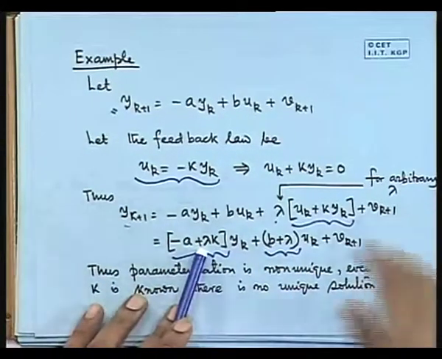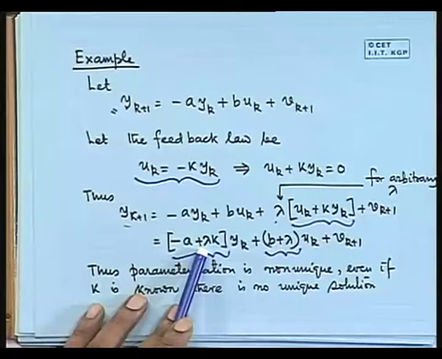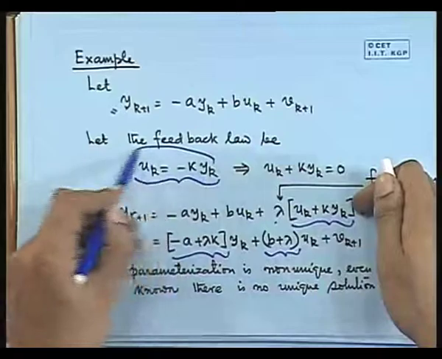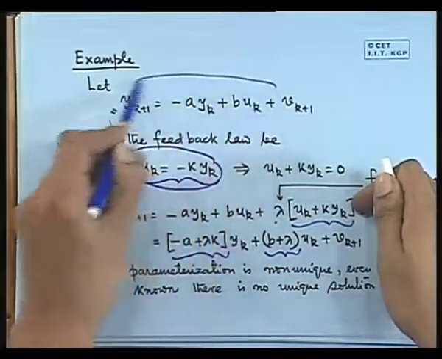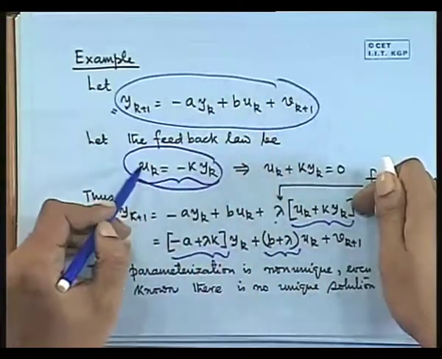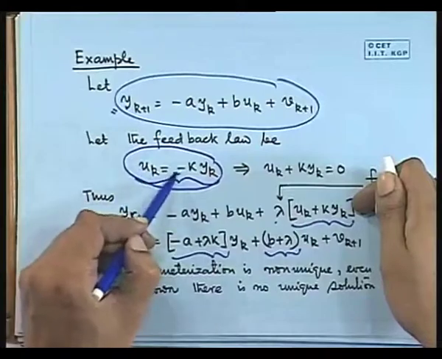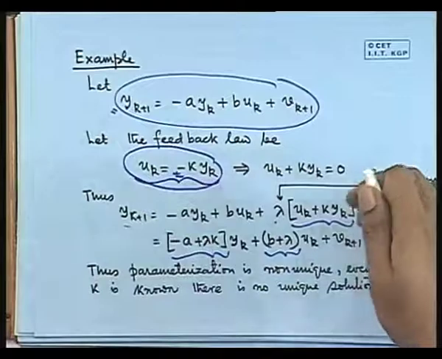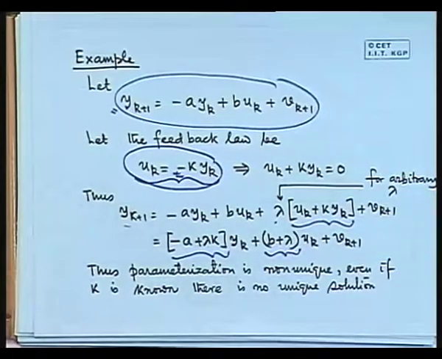Now why does it happen? Because this law is actually simpler than this law. So the data simultaneously satisfies this also, but you are trying to identify the data using a higher order model. You have taken data which actually satisfies a simpler model, but you are trying to identify it using a higher order model. That is the reason.